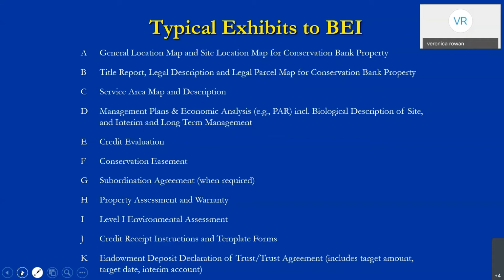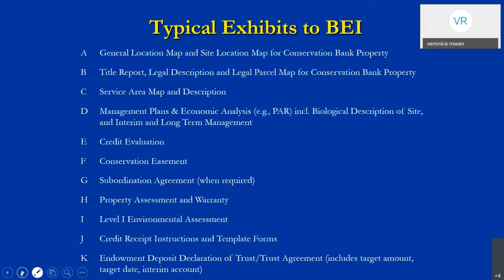I think the next webinar next week discusses credit determination. This may be unfamiliar to you, but there's the property assessment and warranty. That's basically a statement by the property owner of the condition of the property and the recognized encumbrances.